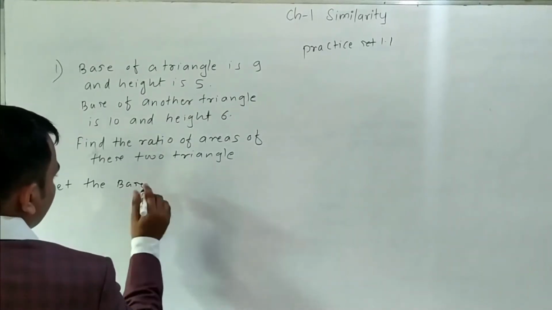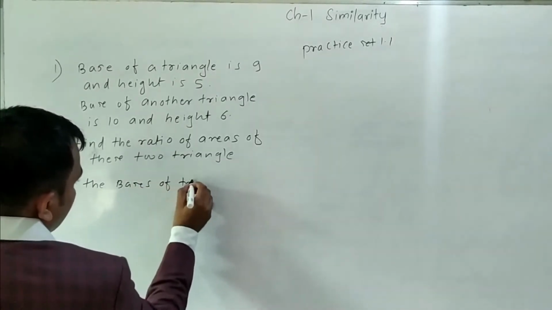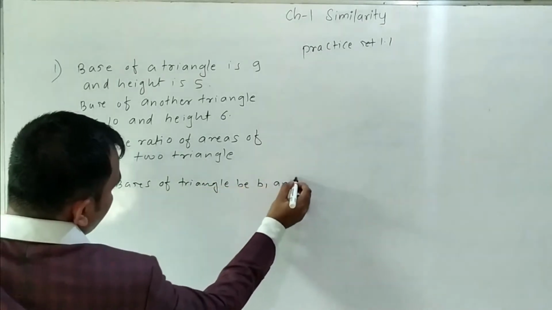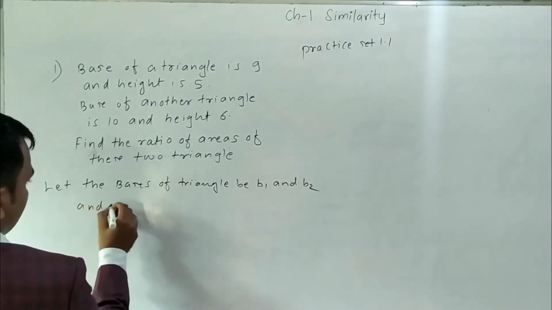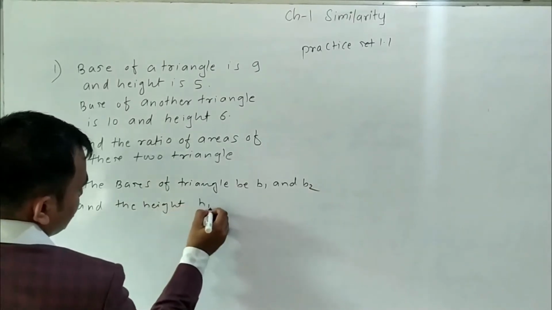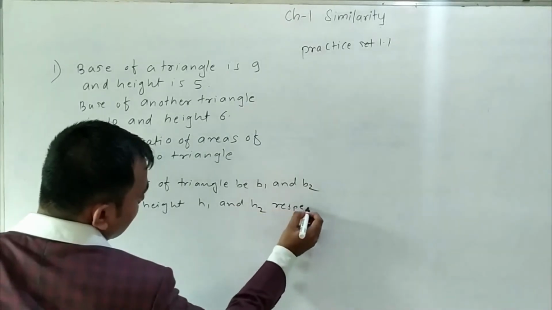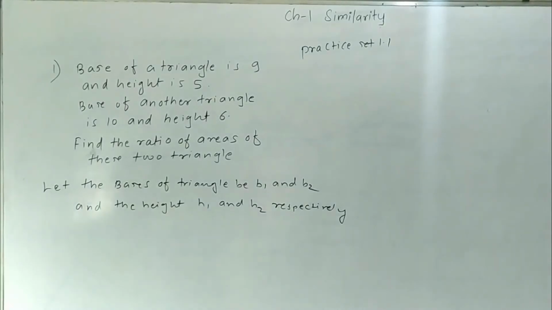So we have to consider, let the bases of triangle be B1 and B2 and the heights H1 and H2 respectively.